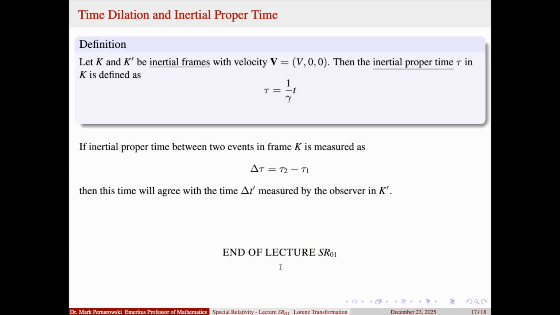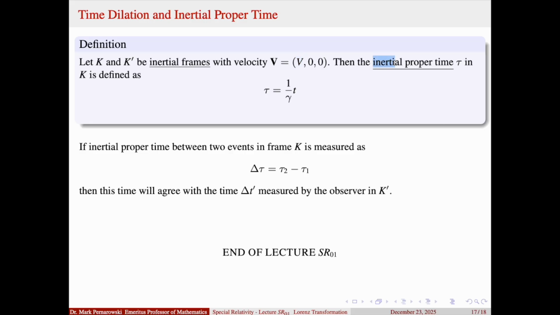All right. Last thing here on this issue of time dilation, there's a neat, very simple thing you can do. And this is to introduce something called inertial proper time. So I've got two frames that move with respect to each other with a velocity v with this component in the x1 direction.